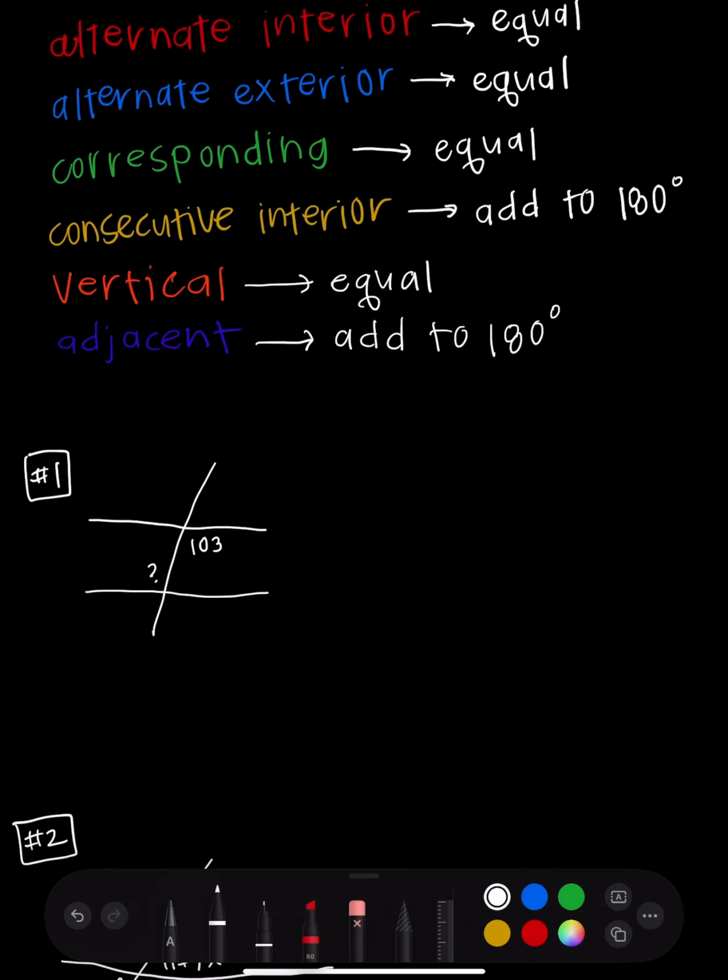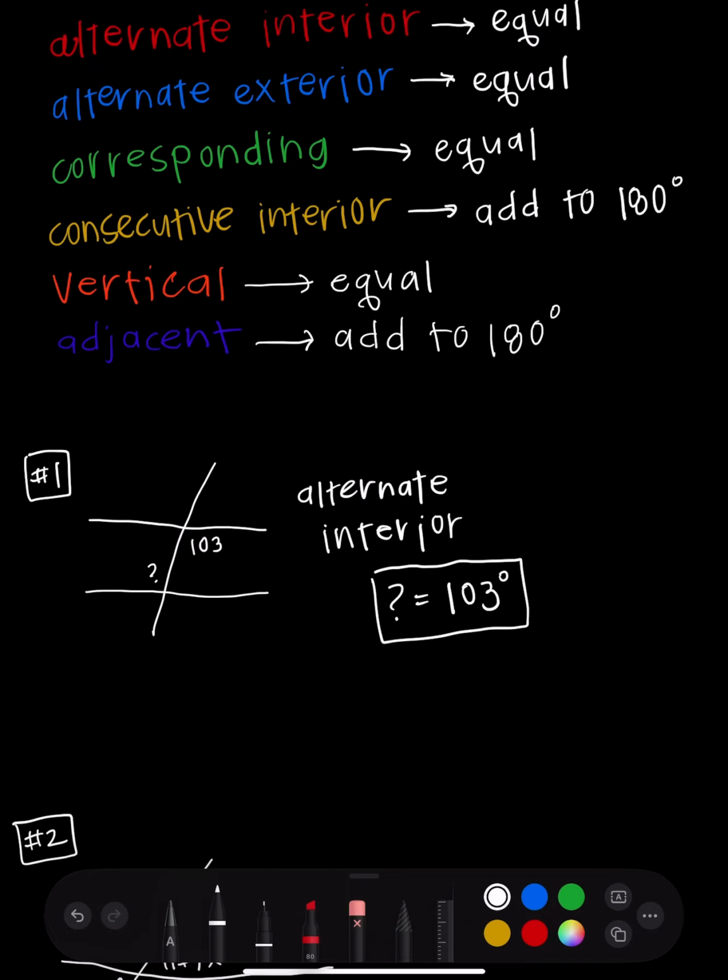So based on what we talked about in the last video, these angles are alternate interior angles. Because I know these are alternate interior angles, I'm going to look at my alternate interior line, and it says that they're equal to each other, which means that the question mark is equal to 103 degrees. And that is my answer.